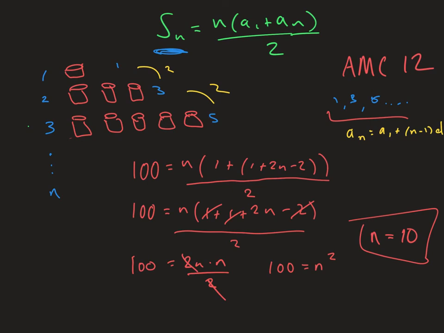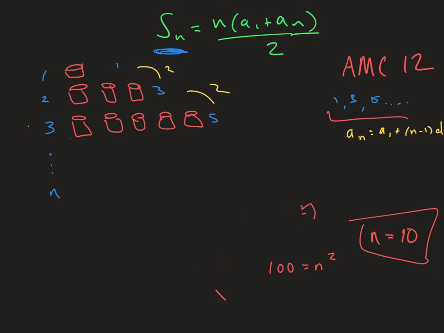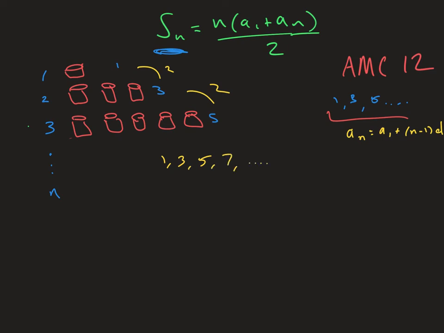So some of you may have recognized, well, what is that sequence? It's odd numbers. It's 1, 3, 5, 7, and so on. So if we got n squared as the sum, does that mean that the sum of n odd numbers is always n squared?